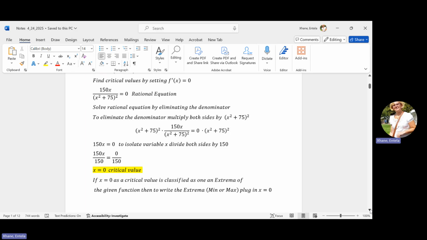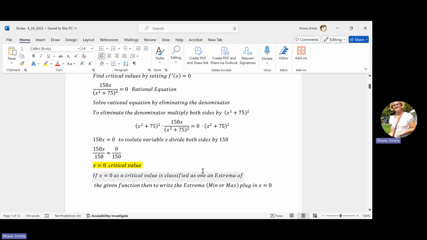And then you are going to see that this will be classified either as a minimum or a maximum. This is where you have to create the table with the open intervals and the test values you plug into the first order derivative. I would like to remind everyone, when you plug in the test values, you don't need to consider the denominator. You don't need to plug in anything in the denominator because no matter what x is, that's positive.